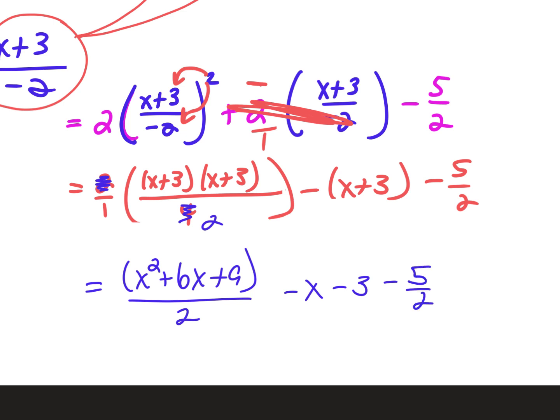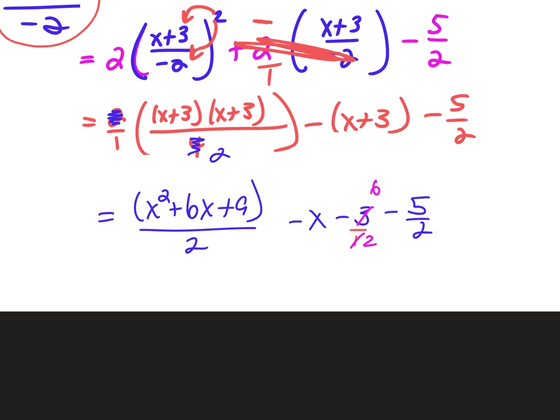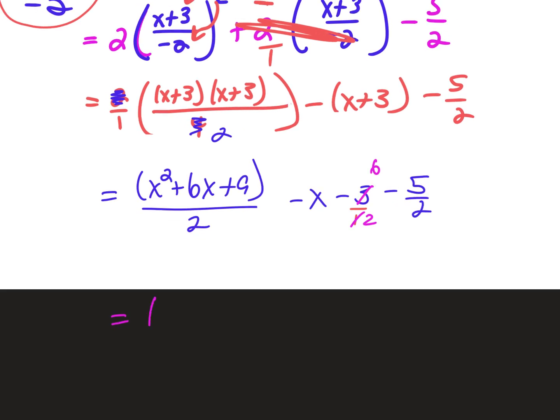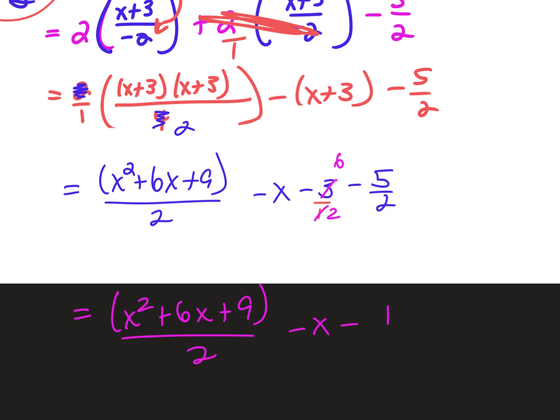What part can I continue to simplify? The 3 over 1. What can I change that to? 6 over 2, correct. And then can I simplify that? Yeah. So (x squared plus 6x plus 9) over 2 minus x minus 11 over 2.